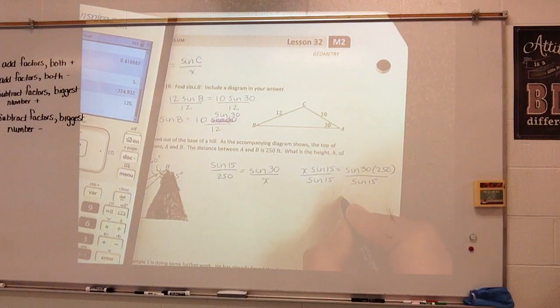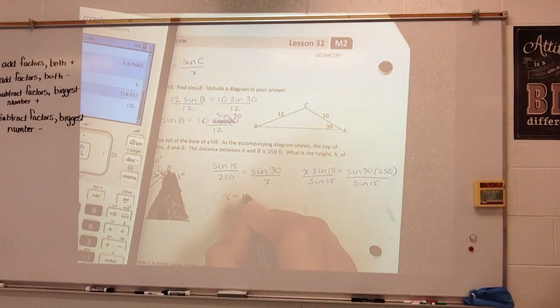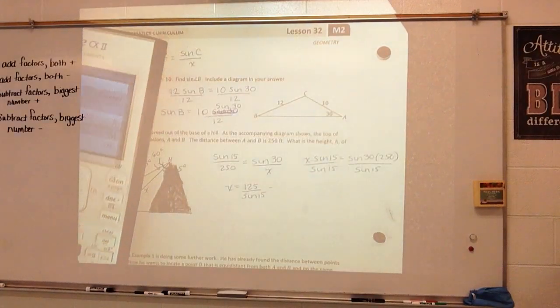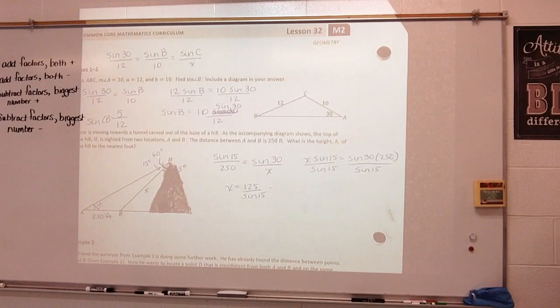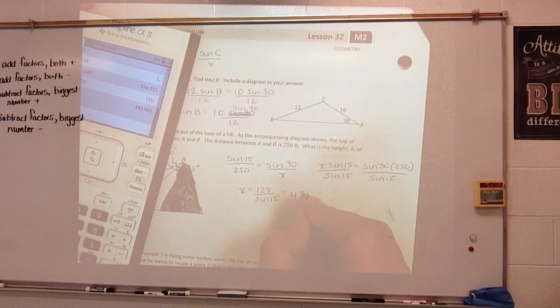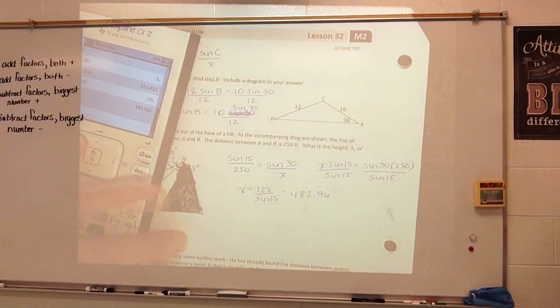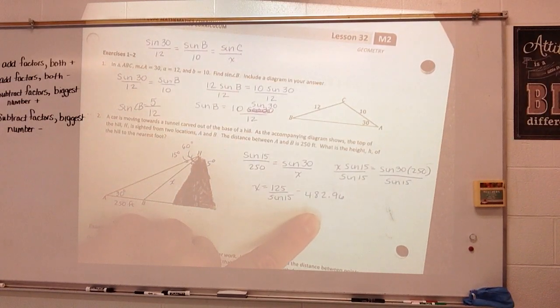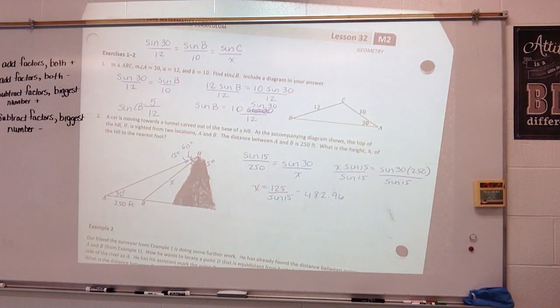So I get 125 over the sine of 15. So 125 divided by the sine of 15 is approximately 482.963. So we'll round that to 482.96. So X, HB, is 482 and 96 hundredths.